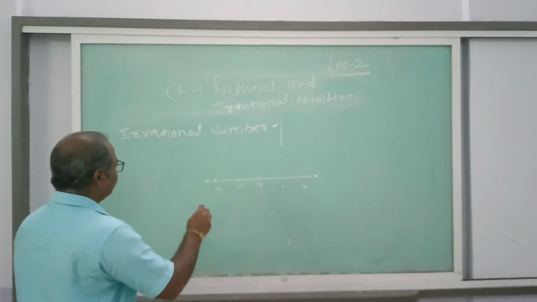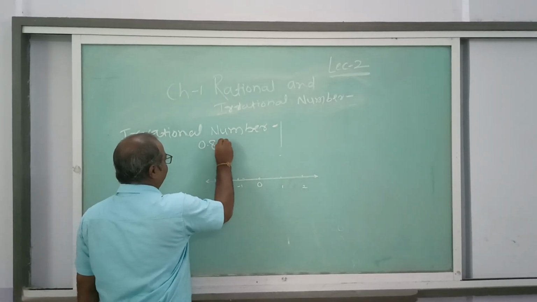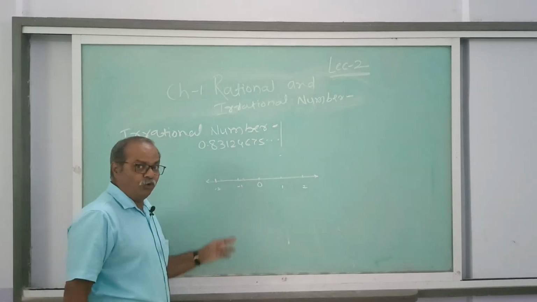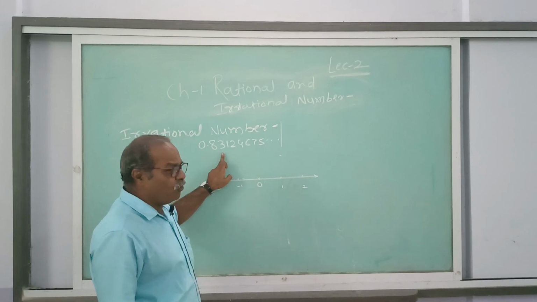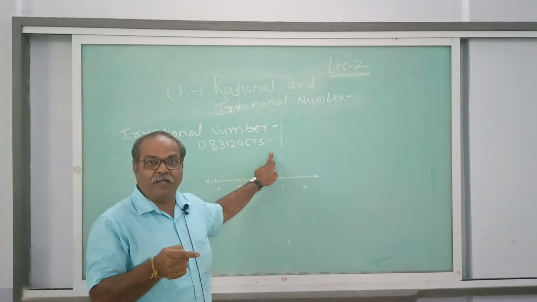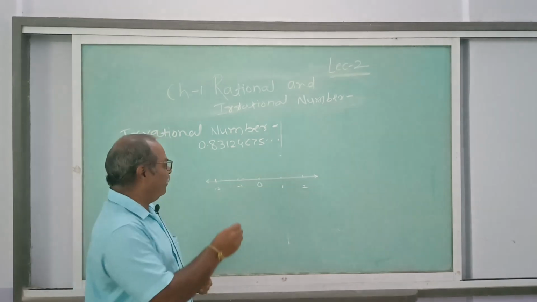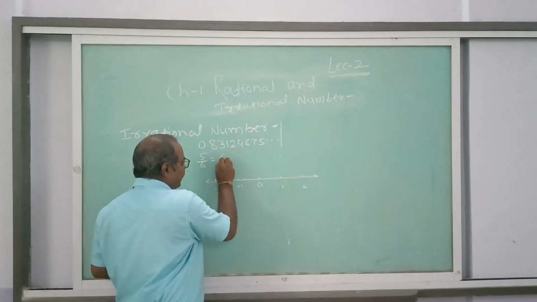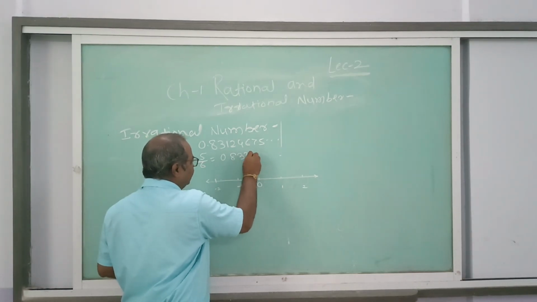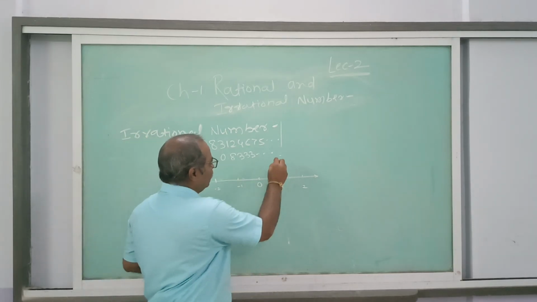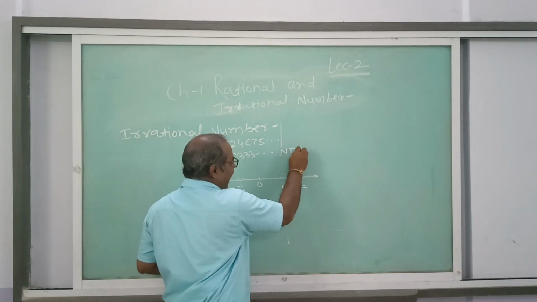For example, I write 0.83124675 and so on. Now look here, there is no continuous repetition of numbers. In the previous problem, we saw 5 by 6 in decimal form is 0.8333 and so on. Now compare: this is non-terminating and recurring.